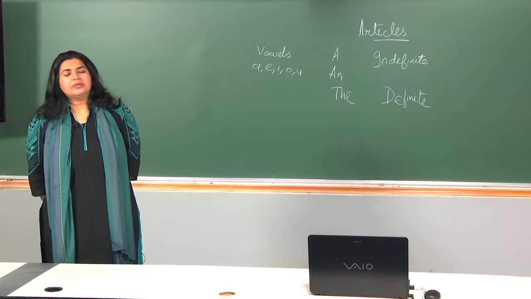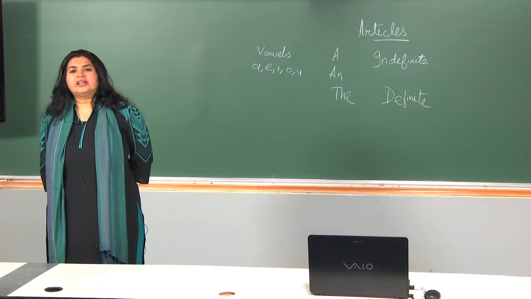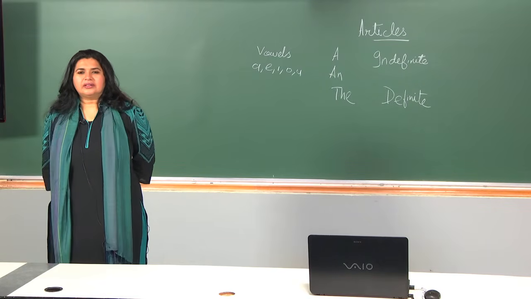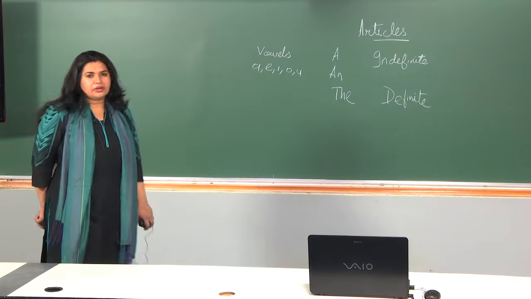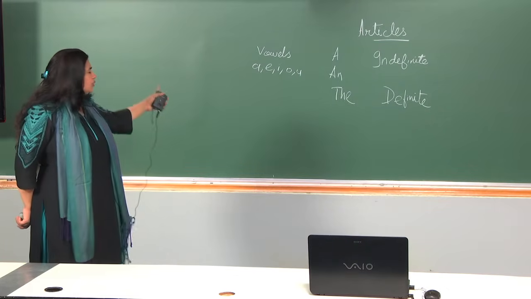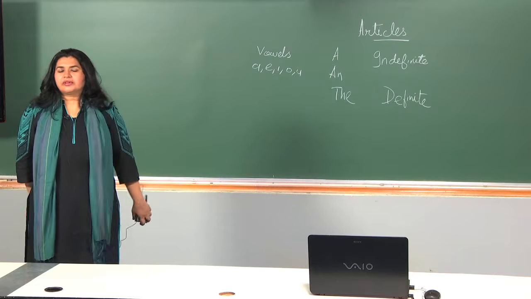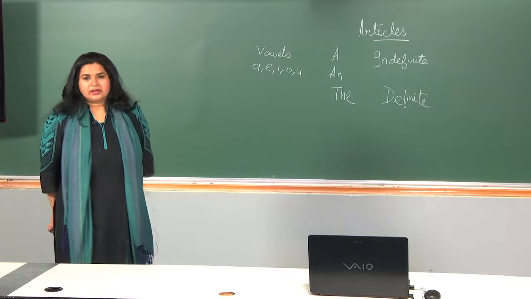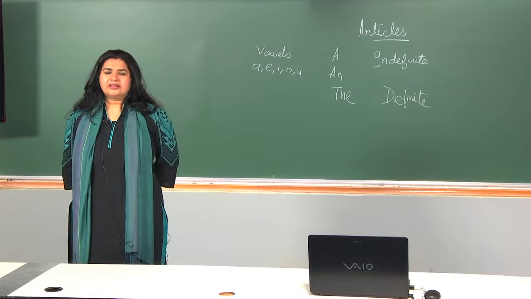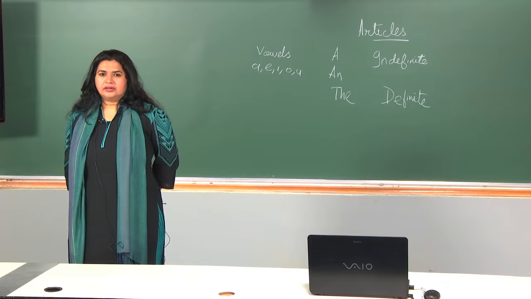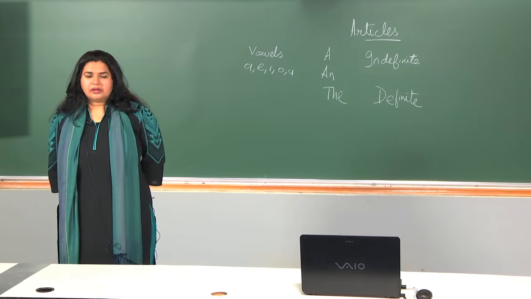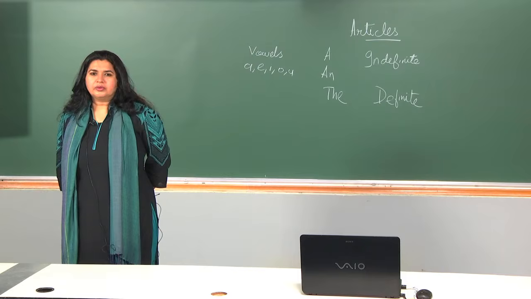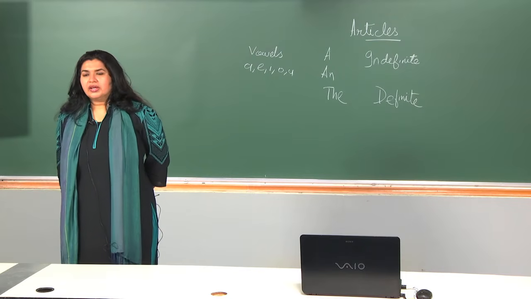Therefore, it becomes the alligator. See, pronunciation matters. Whenever we use the article the before any word that starts with the vowels a, e, i, o, u, the pronunciation becomes 'thee', or otherwise there is a stronger emphasis on 'thee'. So, these are subtle nuances which will serve you well if you make a note of these.